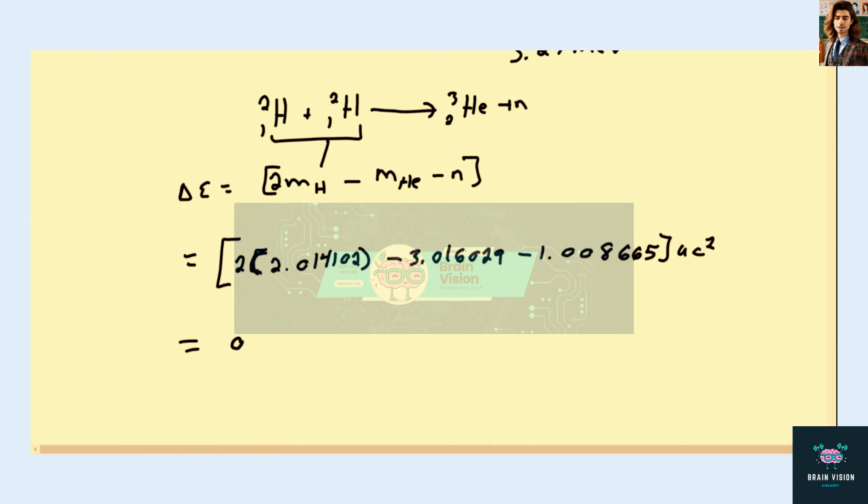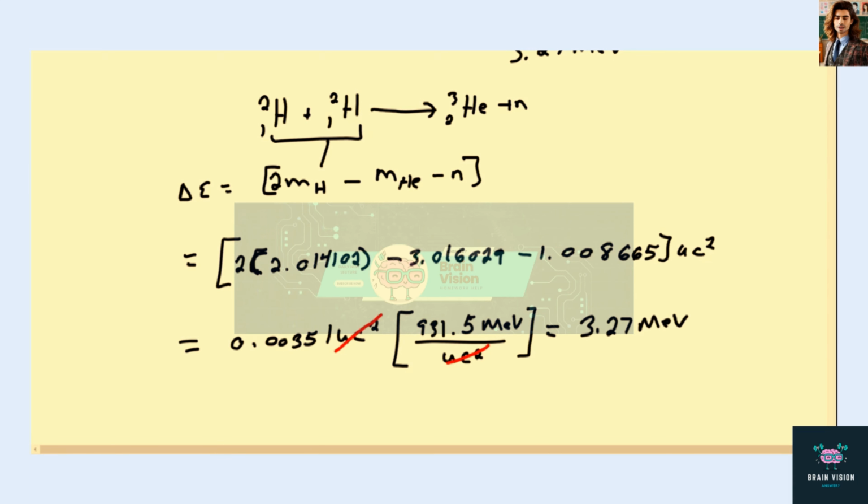And so it's going to be 0.00351 u c squared times 931.5 MeV over u c squared. What we can do is cross this out because we don't need those units, the units cancel, and we end up with 3.27 MeV. So that means we proved it. So thank you guys.